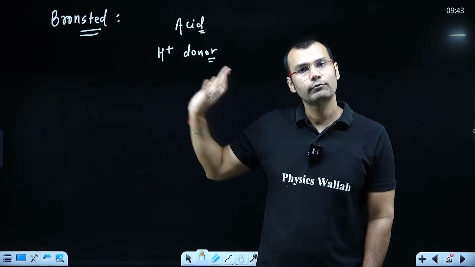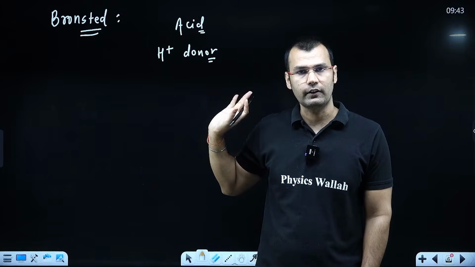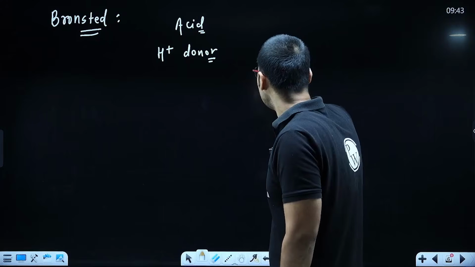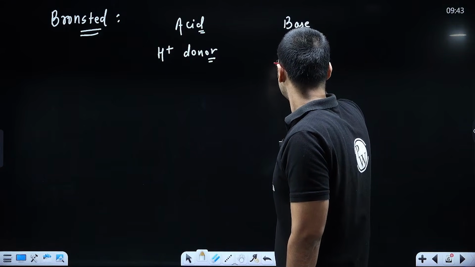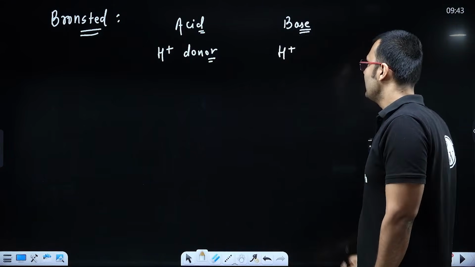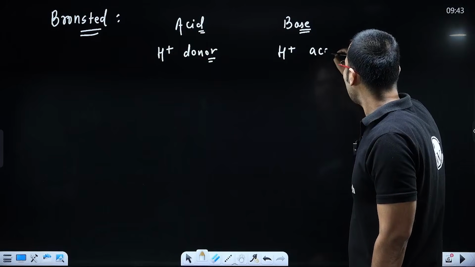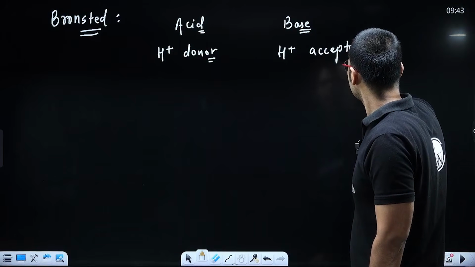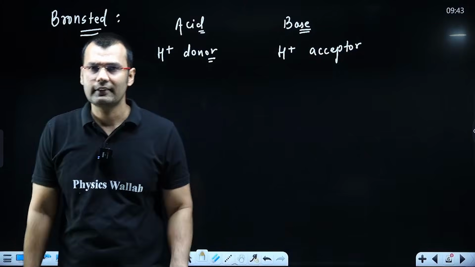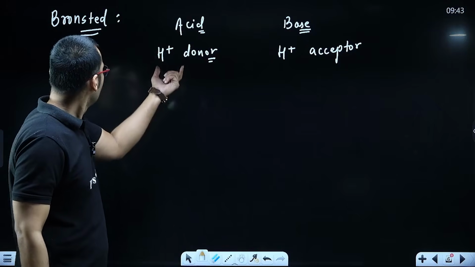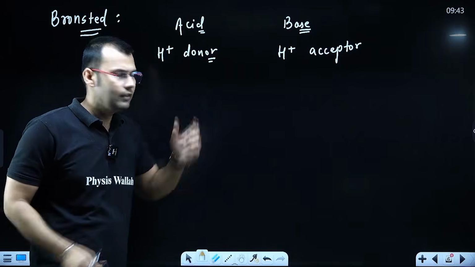For acid, both have the same definition. But for base, Bronsted said something else. For base, Bronsted said that bases will accept H plus ion. So whatever examples I wrote for Arrhenius acid, the same examples I can write for the Bronsted acid.